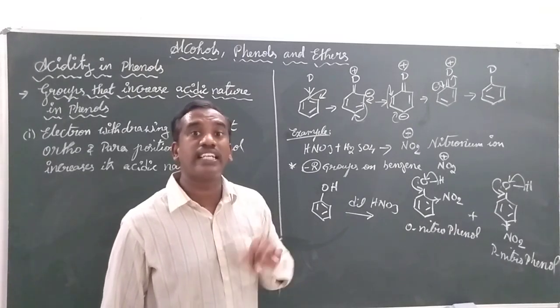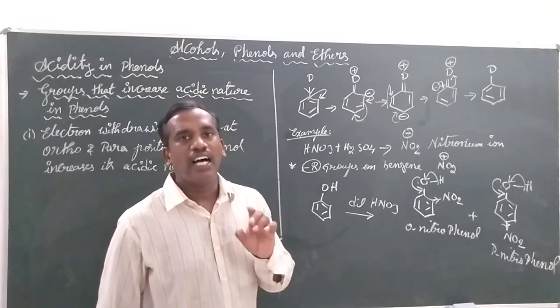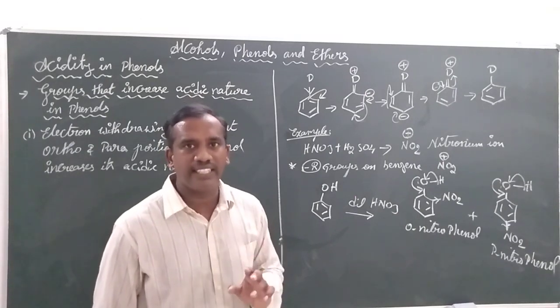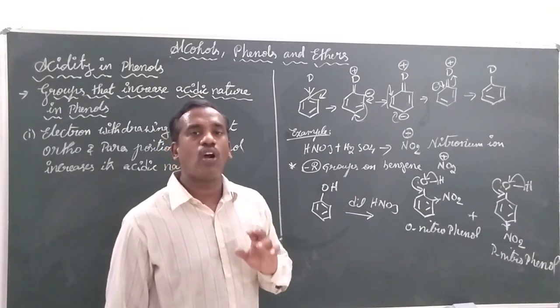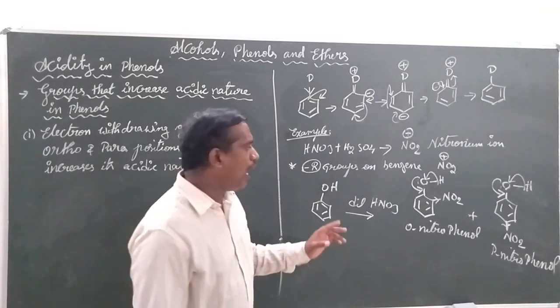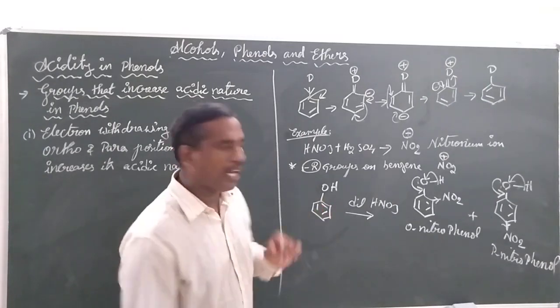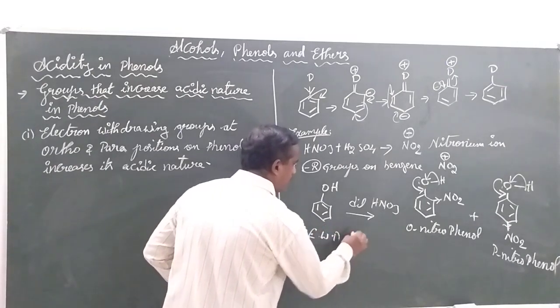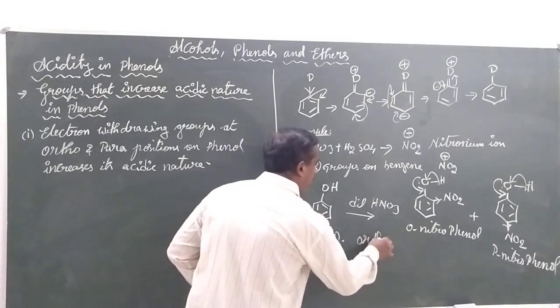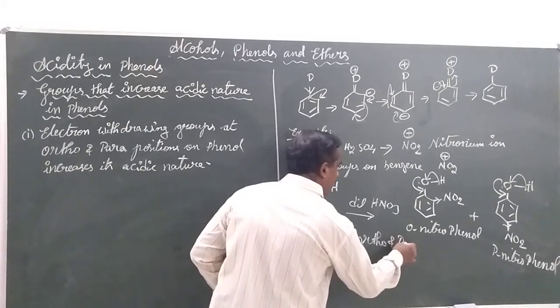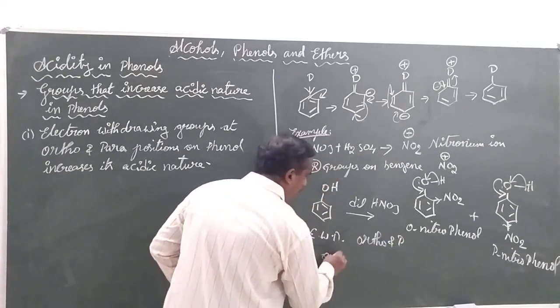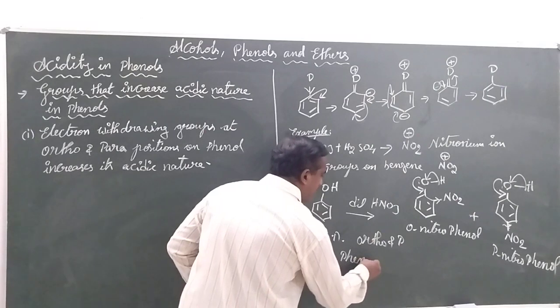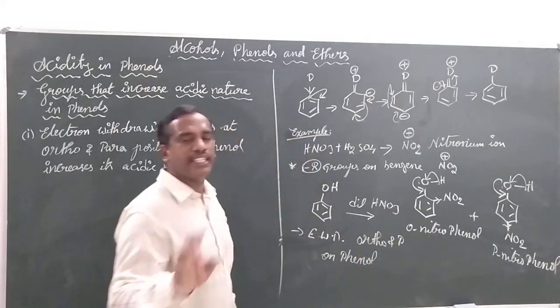So when does the acidic nature of phenol increase? The acidic nature of phenol will increase when there are electron withdrawing groups at ortho position and para position. When the electron withdrawing groups are present at ortho and para position on phenol, its acidic nature increases.